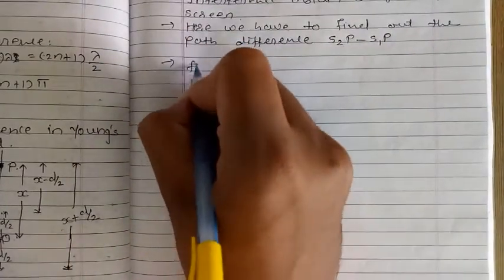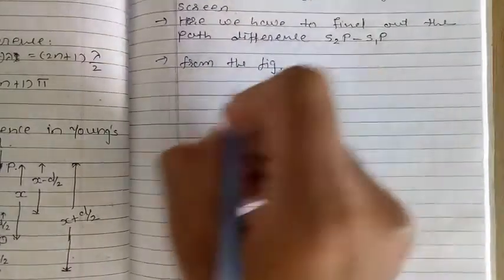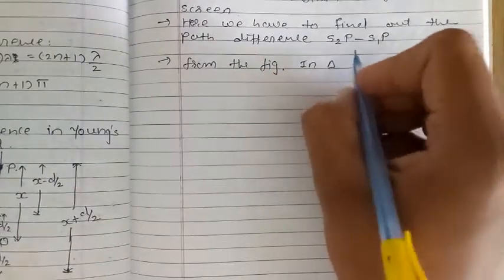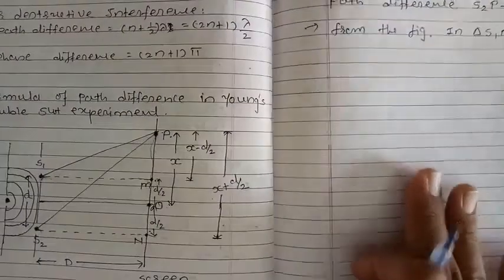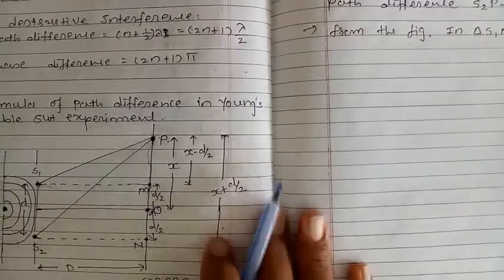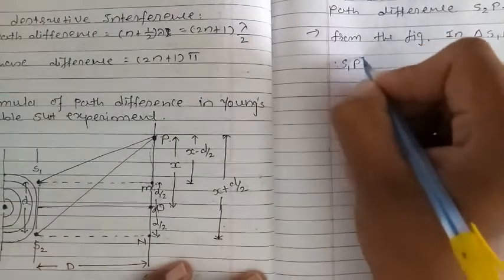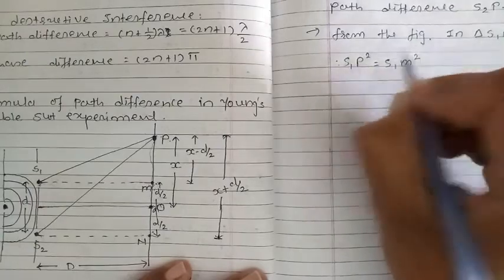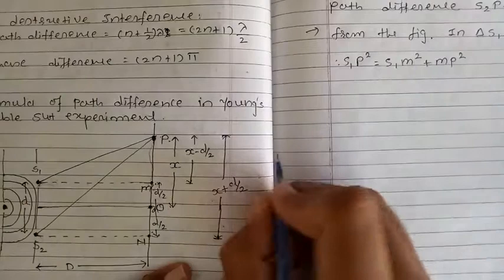So from the figure, in triangle S1MP, we use the Pythagoras formula, so we can say that S1P square is equal to S1M square plus MP square.